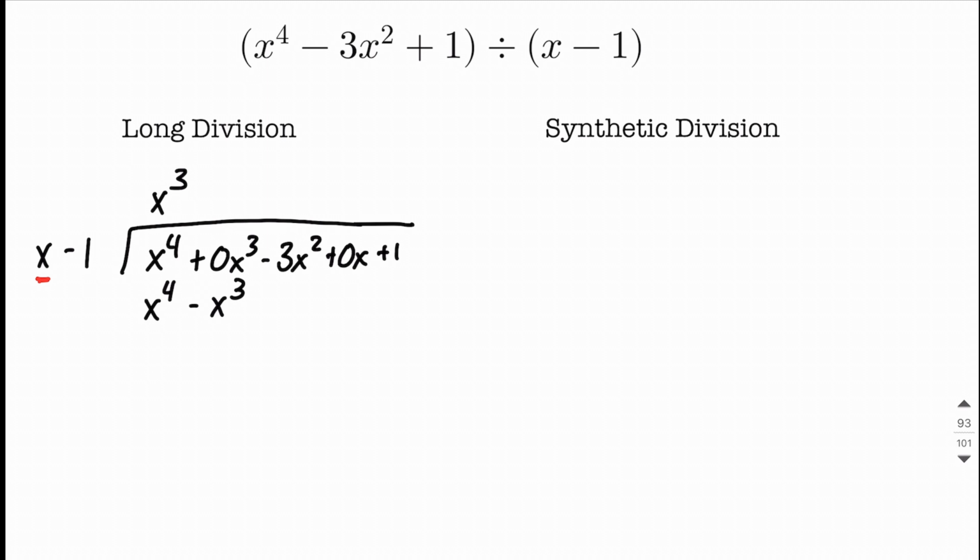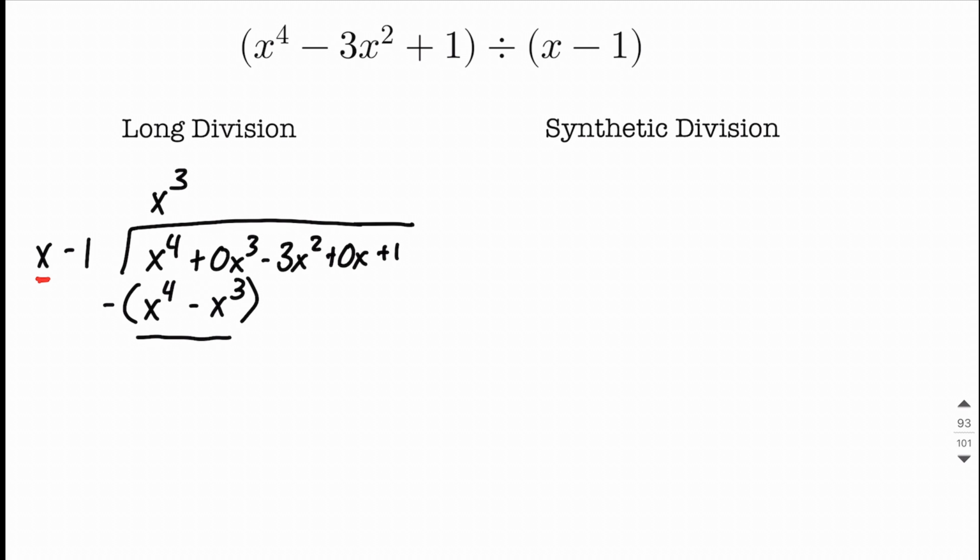All right, as we're doing this, we're going to get nice columns. We have an x to the fourth column, we have an x to the third column, and why we got that is because we kept our placeholders, that 0x cubed up above. So next, with long division, we subtract down, but that subtracting applies to both those terms we just listed. So x to the fourth minus x to the fourth is going to make 0x to the fourth.